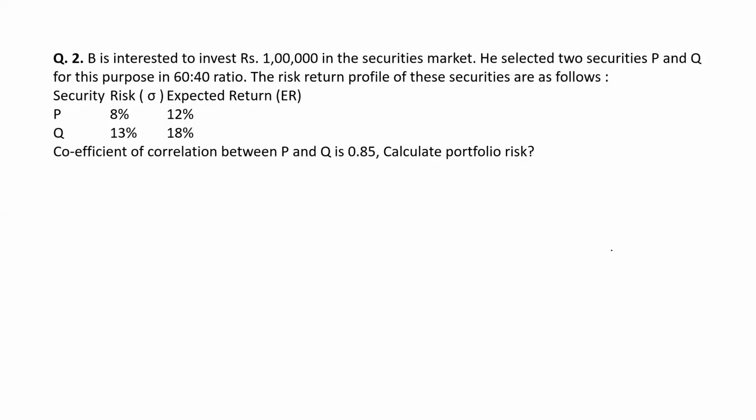So we have to take the weightage of P as 0.6. Weightage of Q is 0.4. Now, risk for P is 8 and risk for Q is 13.